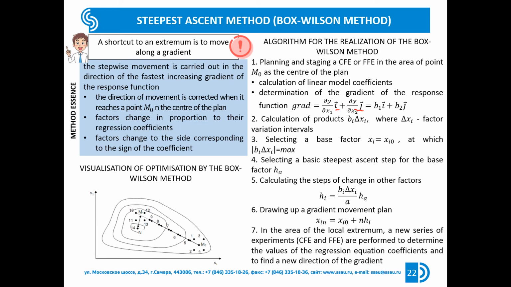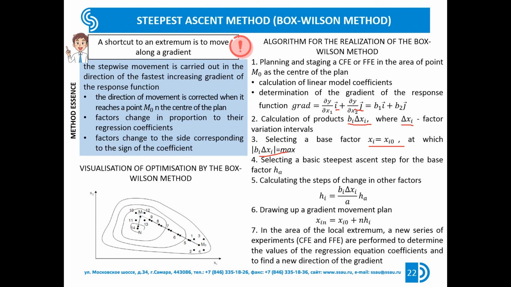Second, calculation of the product, where these are the intervals of variation of the factors. Third, selection of the base factor, at which this is achieved. Fourth, selecting a basic steep ascent step for the base factor.